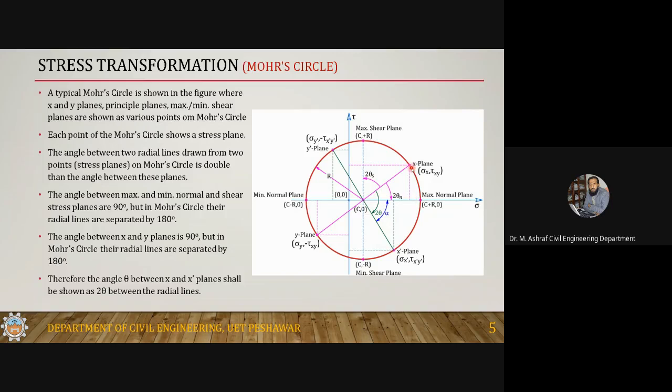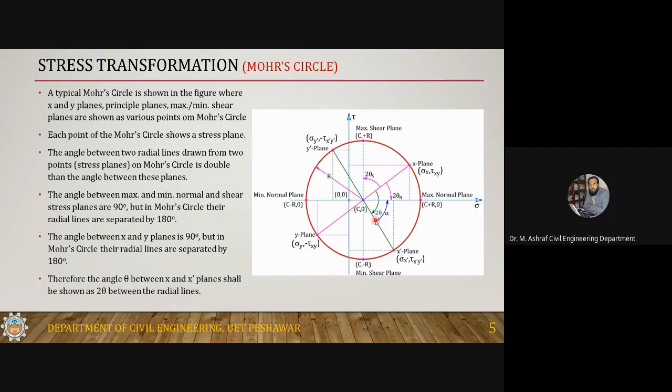The y-plane will be opposite to this one. The angle between the radial line of the x-plane and the radial line of the y-plane is once again 90 degrees in actuality, and similarly for x prime and y prime, but here it is 180 degrees.